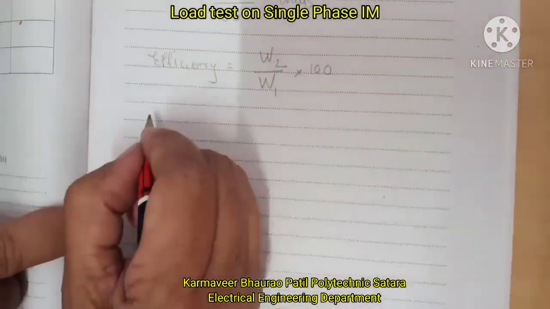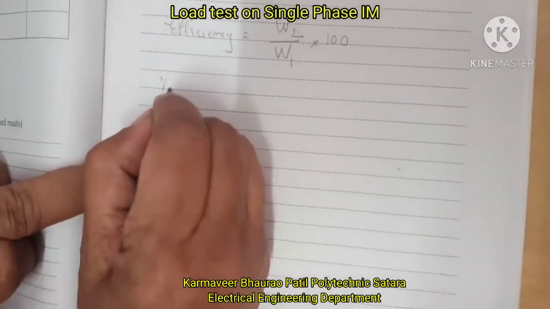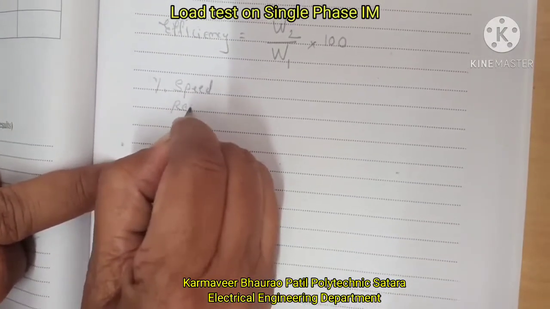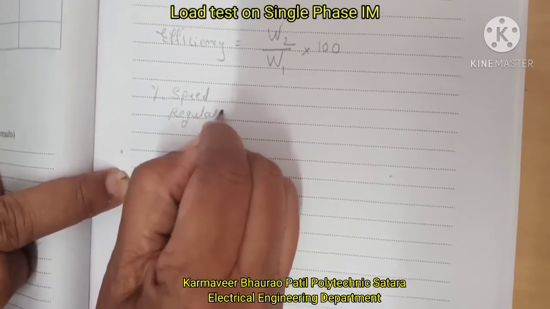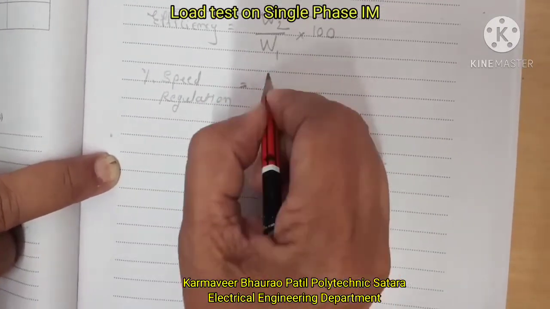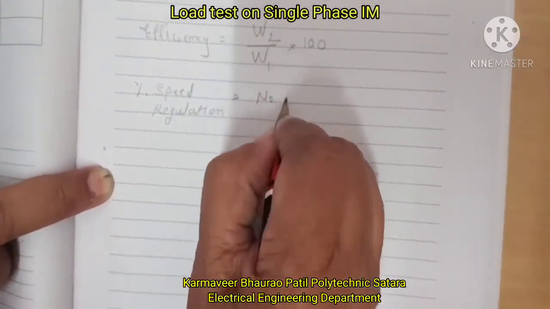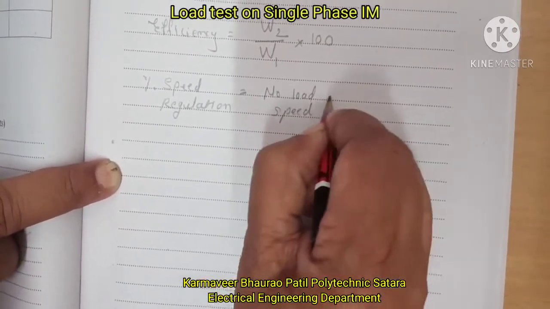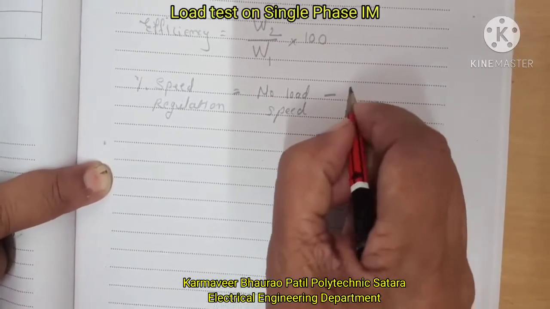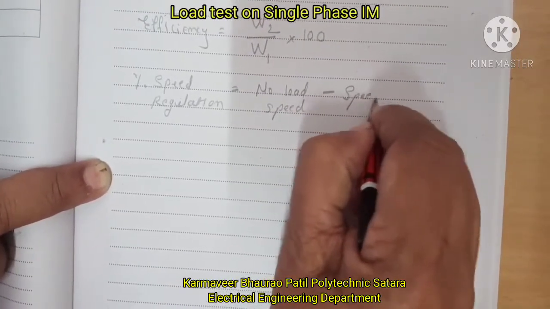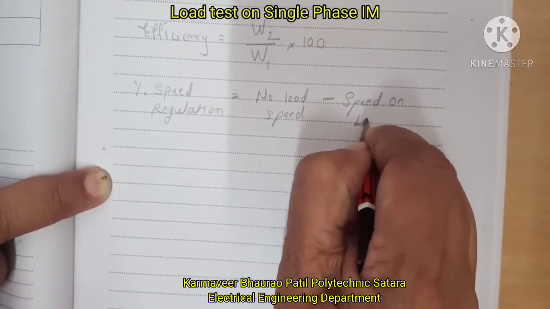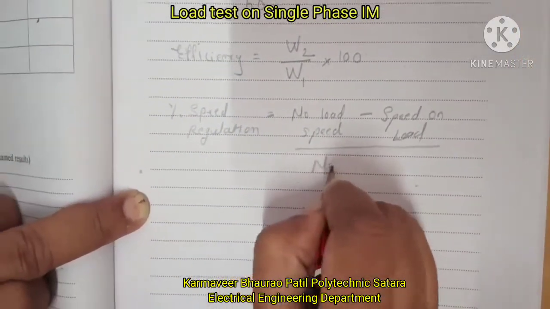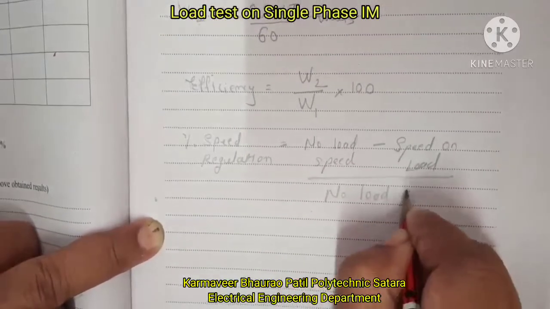One more term we are going to calculate here. It is percentage speed regulation, that is the change in the speed from no load to full load. Change in the speed from no load to load condition. So we get no load speed minus speed on load, divided by no load speed.